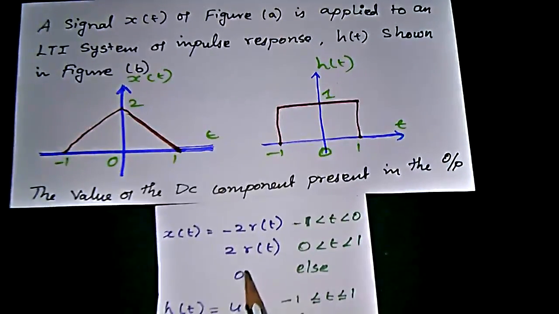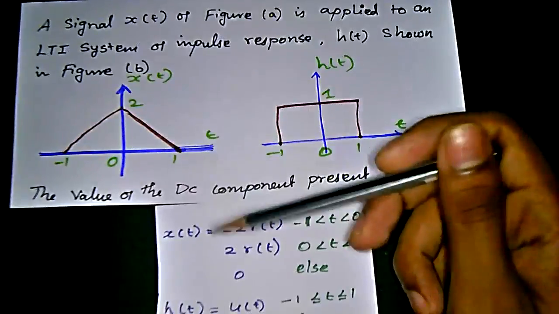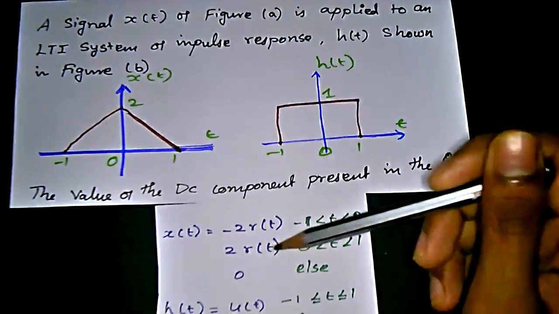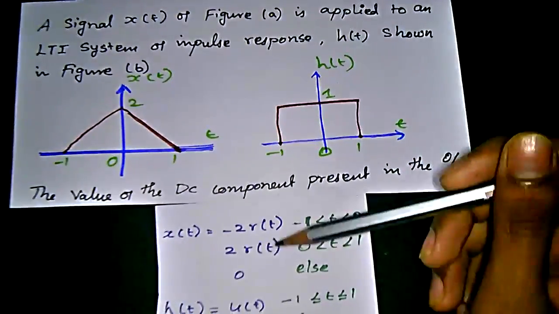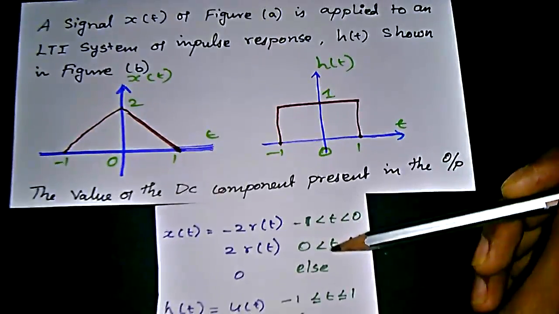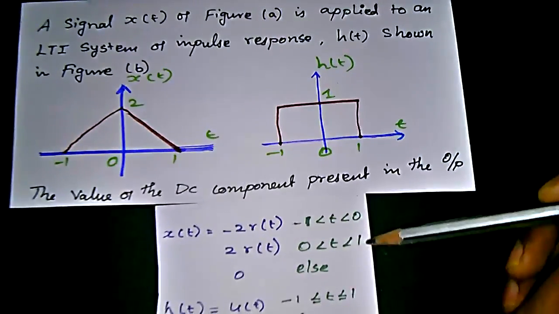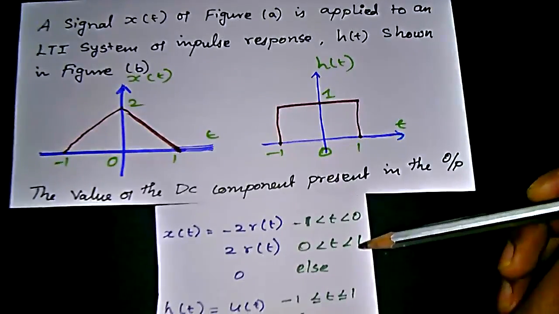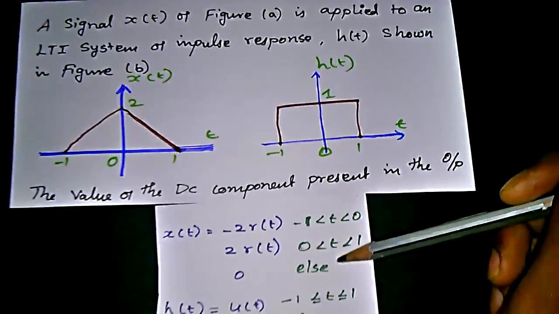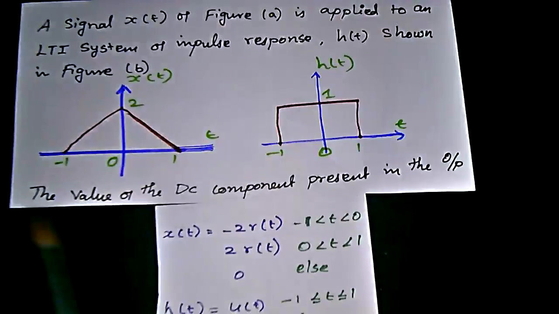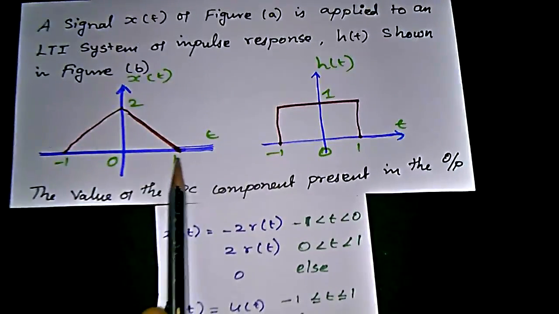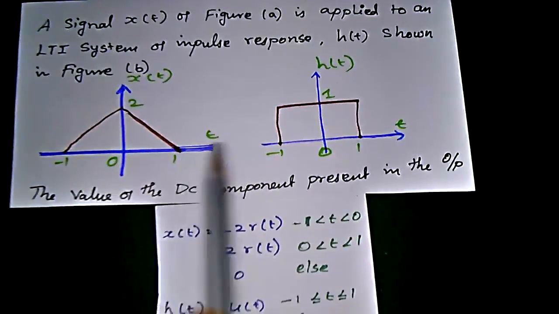The next part of the signal is 2 r of t, the first coordinate ramp signal, over the range 0 to 1, and 0 otherwise, because no signal is given to us in the rest of the range.